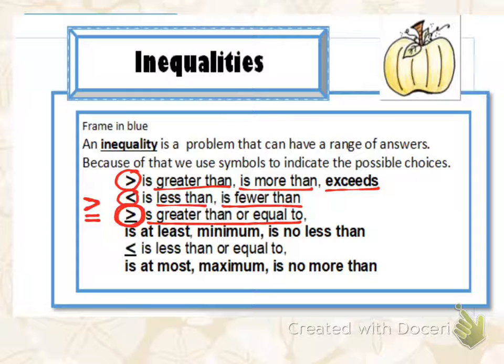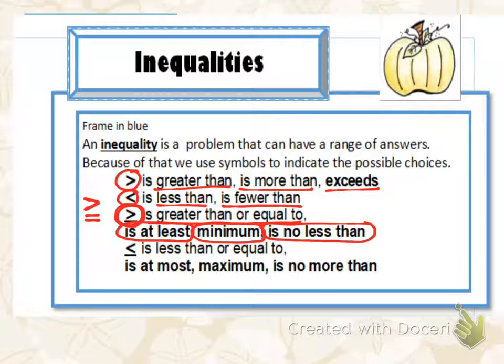You will also see, and this is the important part, what's on the next line, and I would circle these things: is at least, minimum, and this is the one people have the most trouble with, is no less than. It has that less than in it, so people think that it means less than, but it doesn't.